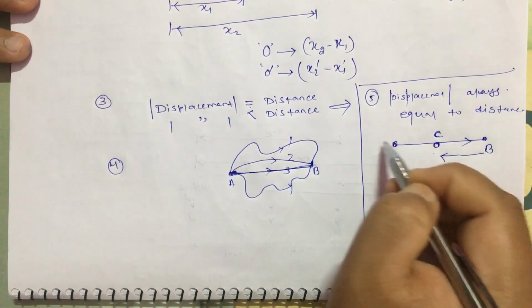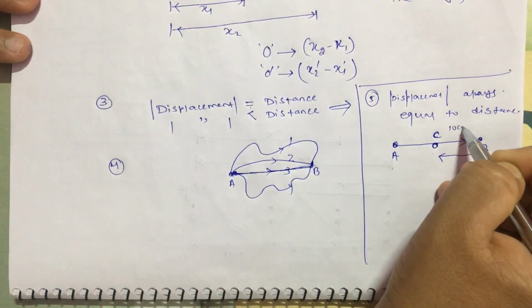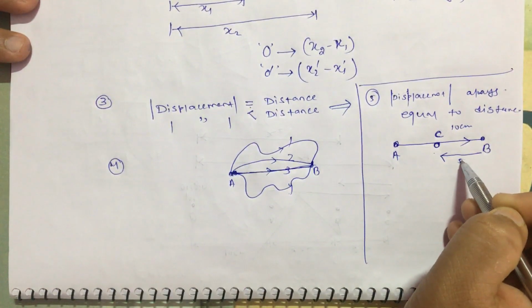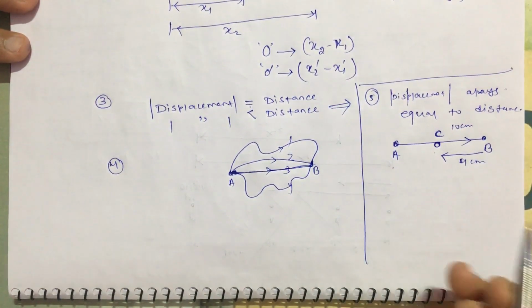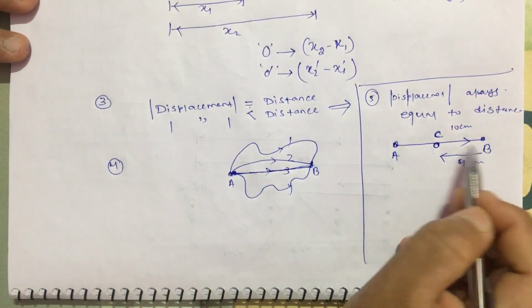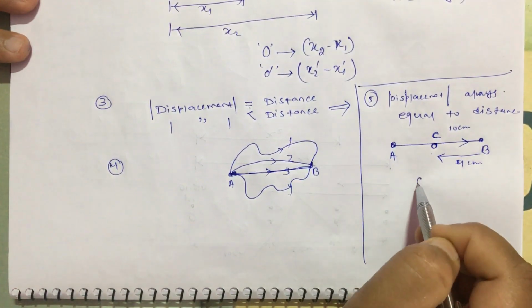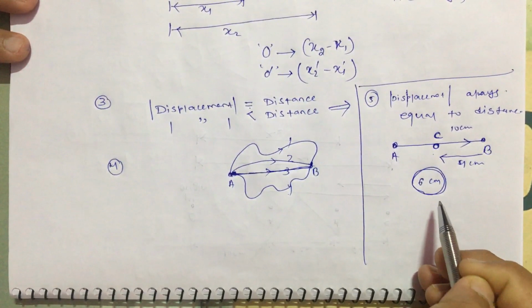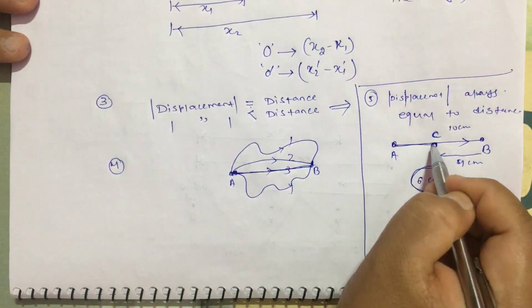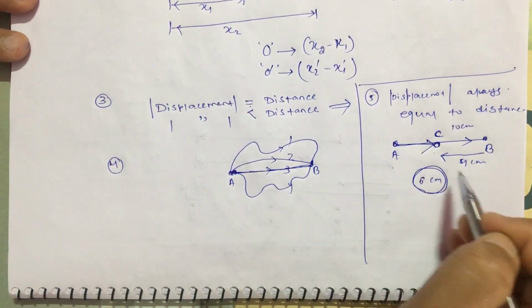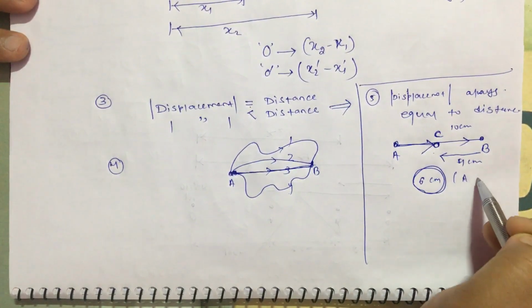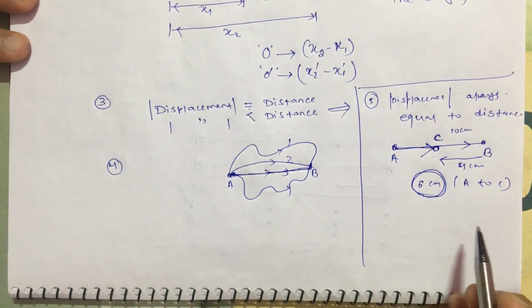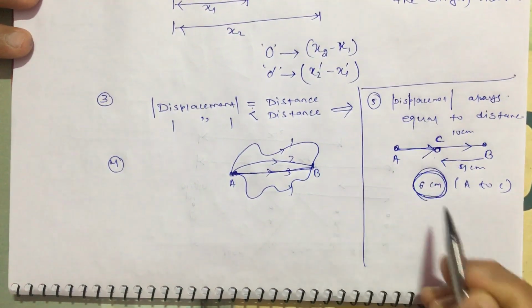Let this total distance be 10 centimeter and this distance be 4 centimeter. So what is the displacement? 10 minus 4, that is equal to 6 centimeter. Displacement is from A to C, 6 centimeter.